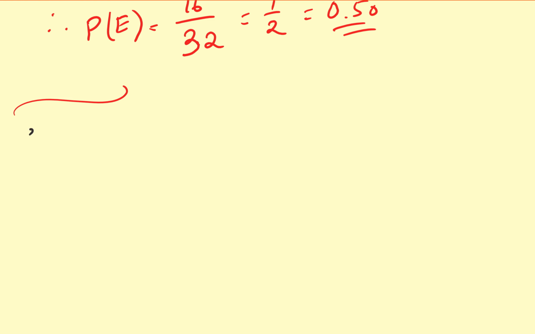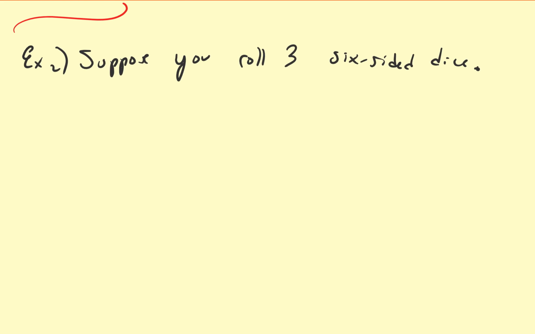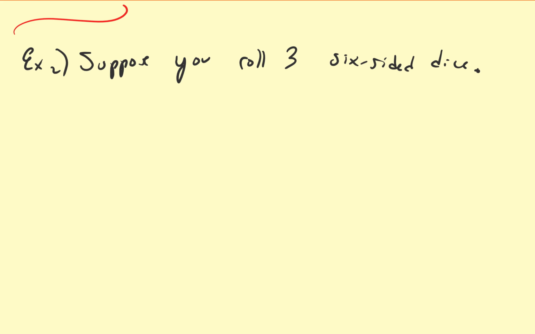Let us do another example to summarize. So suppose you roll 3 6-sided dice. So what does the sample space look like?